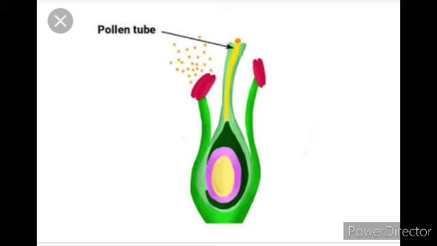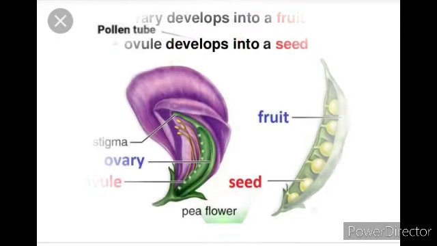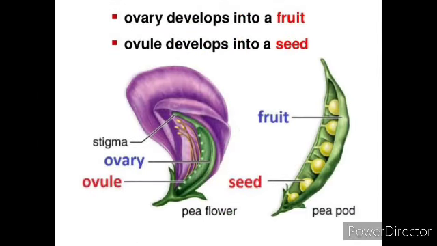This tube is referred to as the pollen tube. The ovule develops into the seed. The covering of the ovule gives rise to the seed coat, and the ovary containing the seeds develops into a fruit.